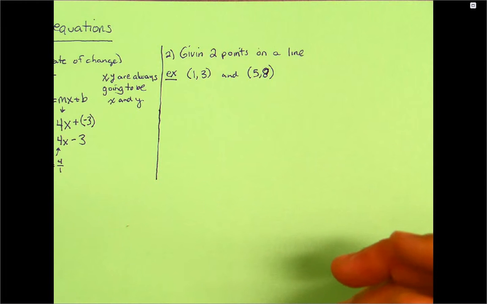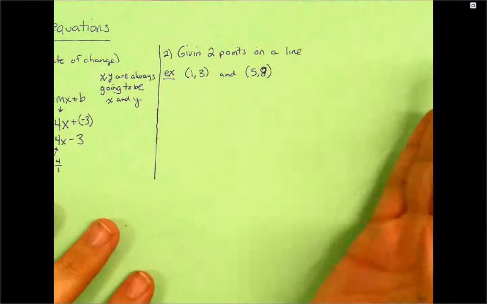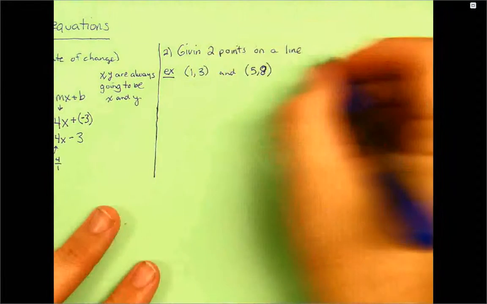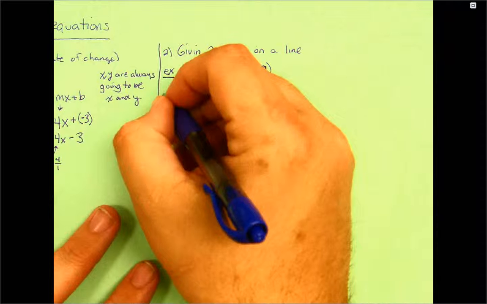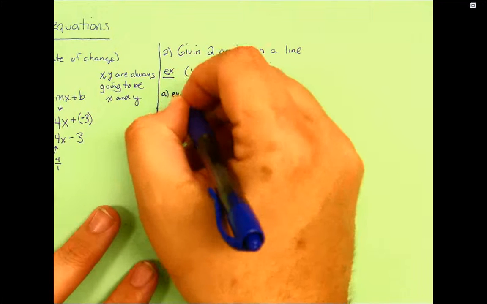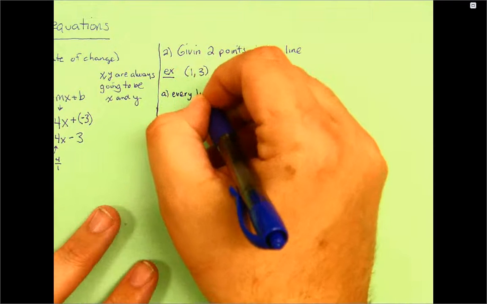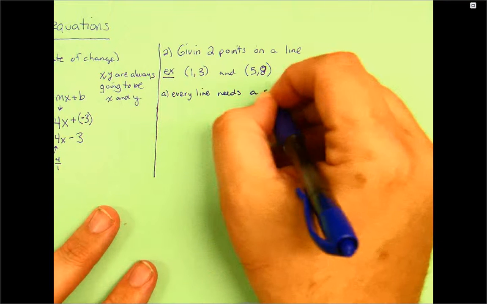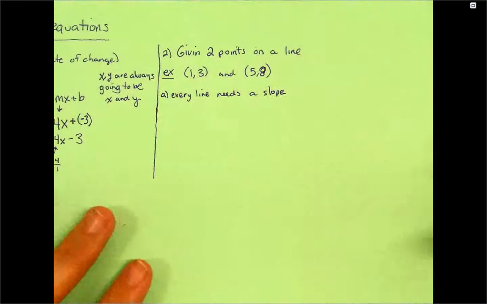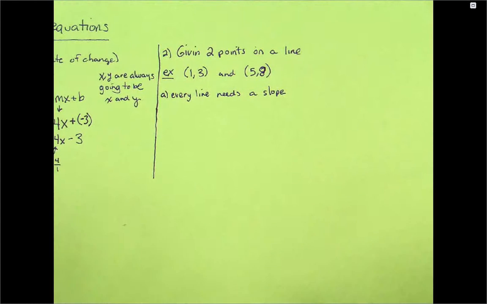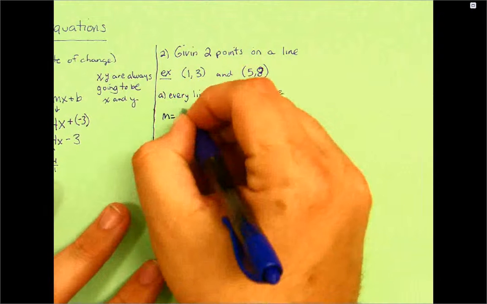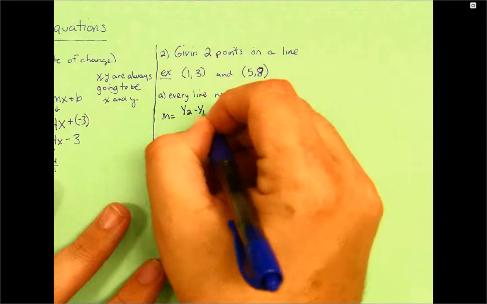Now, if you're given 2 points, every line, here's the thing. So part A, every line needs a slope. If you think of that, every line needs slope, you're in business. M is going to be y2 minus y1 over x2 minus x1.